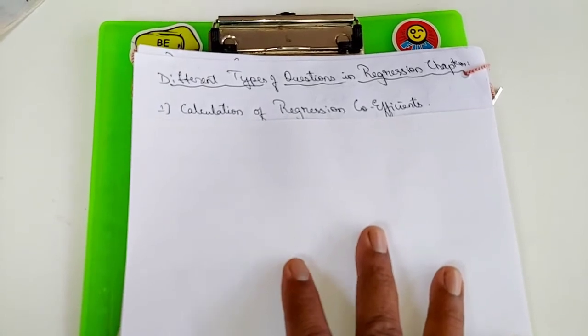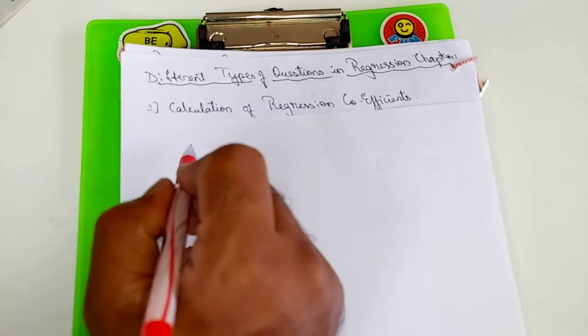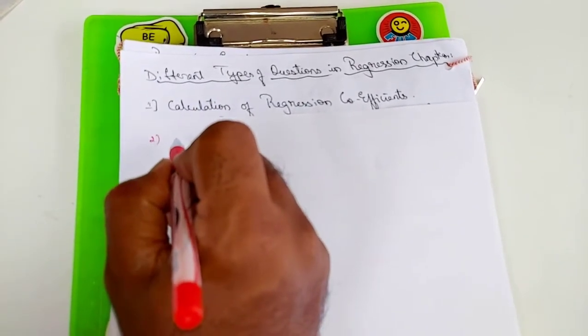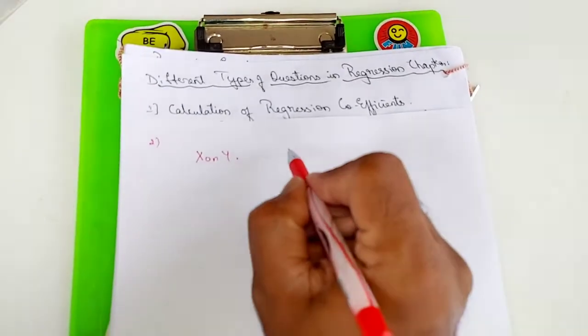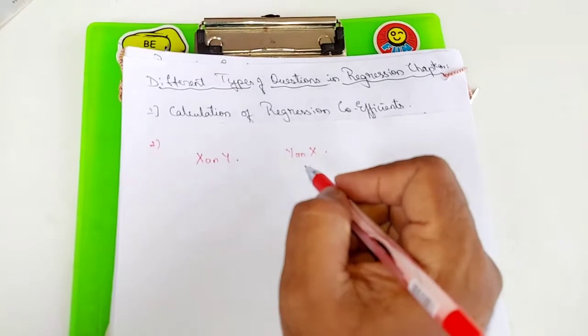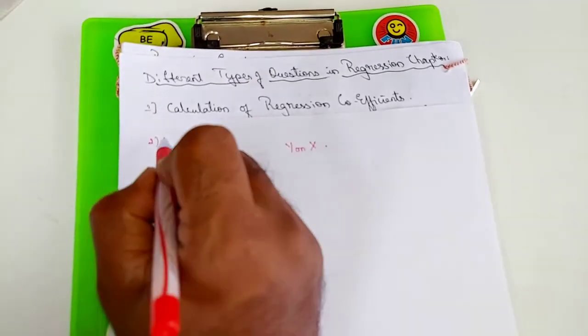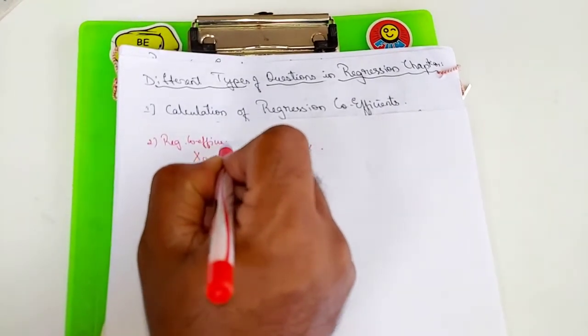Now, what are these regression coefficients? These regression coefficients depend on the regression lines. There are two regression lines. One is the regression line of x on y, and the other is the regression line of y on x.